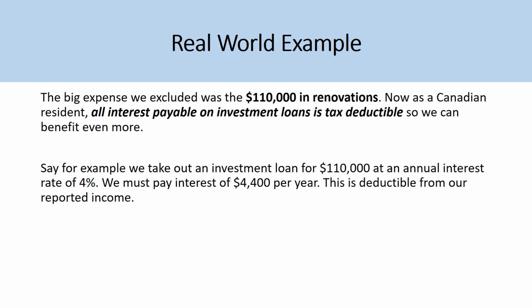So we can even benefit more. So say, for example, we take out an investment of $110,000 invested in this property at an annual interest rate of 4%. Now, annually, we pay about $4,400 per year in interest. This is deductible from our reported income.